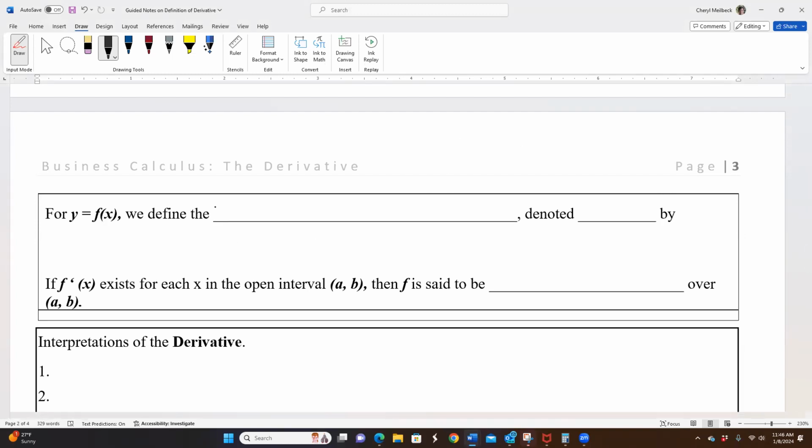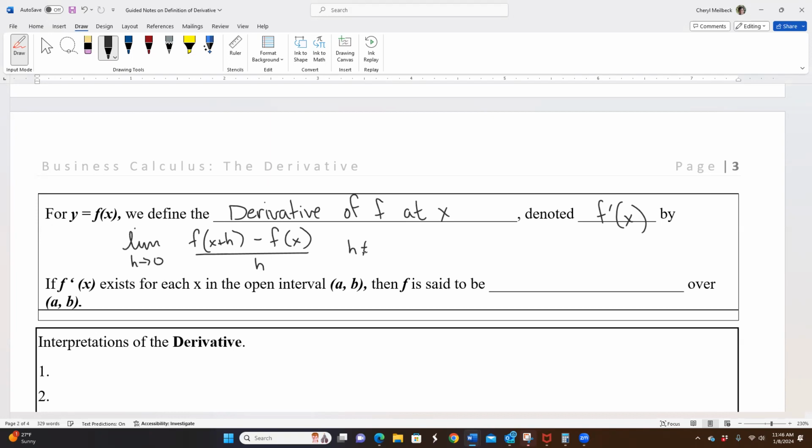So if y equals f of x, we define the derivative of f at x, denoted by f prime of x, like that, by the same thing: the limit as h approaches 0 of f of x plus h minus f of x over h, h doesn't equal 0.